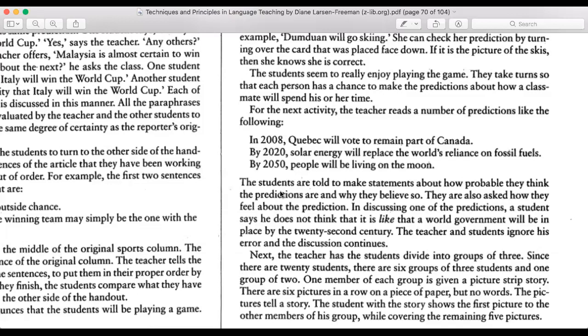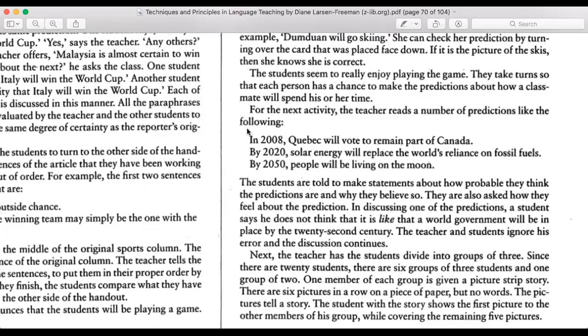Now the students are supposed to tell the teacher how probable they think the predictions are and why they believe so. So these are the points for discussion.